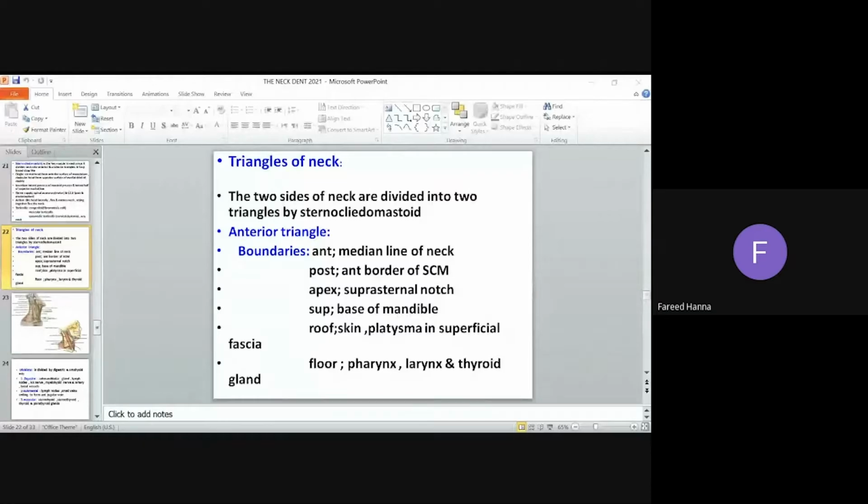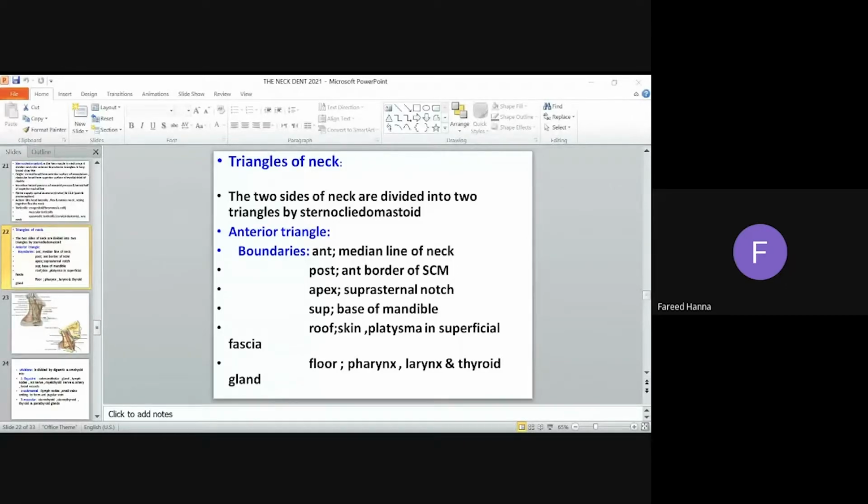The digastric muscle is formed of two bellies with an intermediate tendon attached to the hyoid bone by a tendinous sling. Two bellies, anterior belly and posterior belly, with a tendinous band between them. Anterior belly of digastric here and posterior belly of digastric here, with the hyoid bone situated in the middle of the neck.